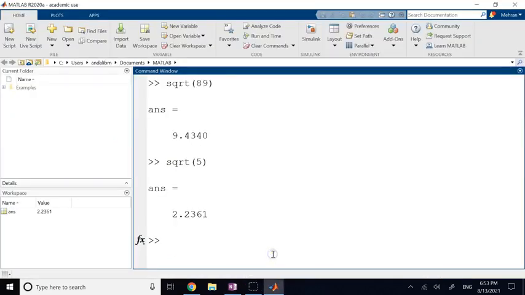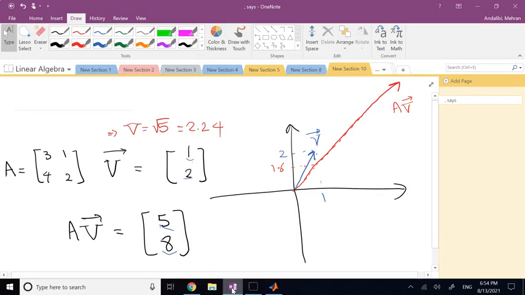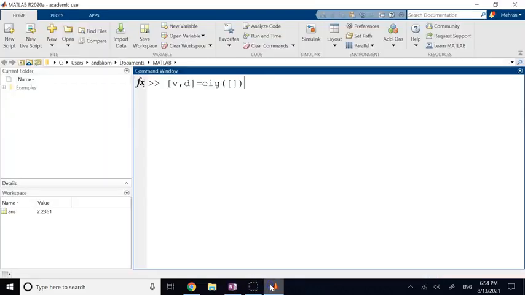So in MATLAB, I'll show you how we calculate eigenvalues and eigenvectors on the paper. But in MATLAB, you can use the command eig, correct? You can say V and D is equal to eig of, then you define your matrix, and here is 3142.